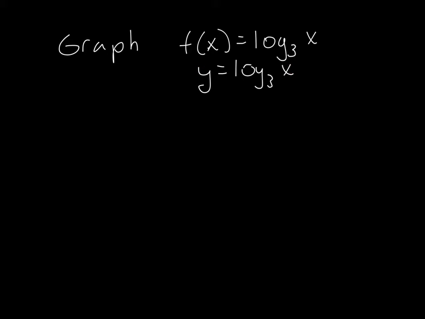That's really the only thing we learned in our first lesson about logs, that the base to the power over here equals this. It's that little circle we were talking about yesterday. So the base to this power has to equal this. So what am I saying? I'm saying that we know that 3 to the y equals x.